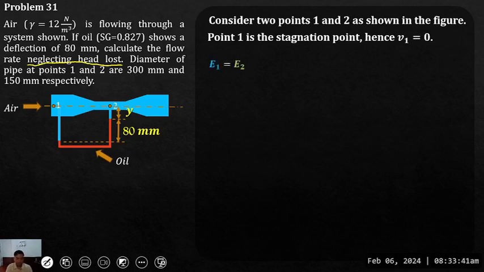So start tayo with the energy equation. Energy at point 1 equals energy at point 2. And then expand lang natin yung energy equation natin. Okay, V1 squared over 2G plus P1 over gamma plus Z1 equals V2 squared over 2G plus P2 over gamma plus Z2. So at this point, dapat alam na natin ha yung expansion.